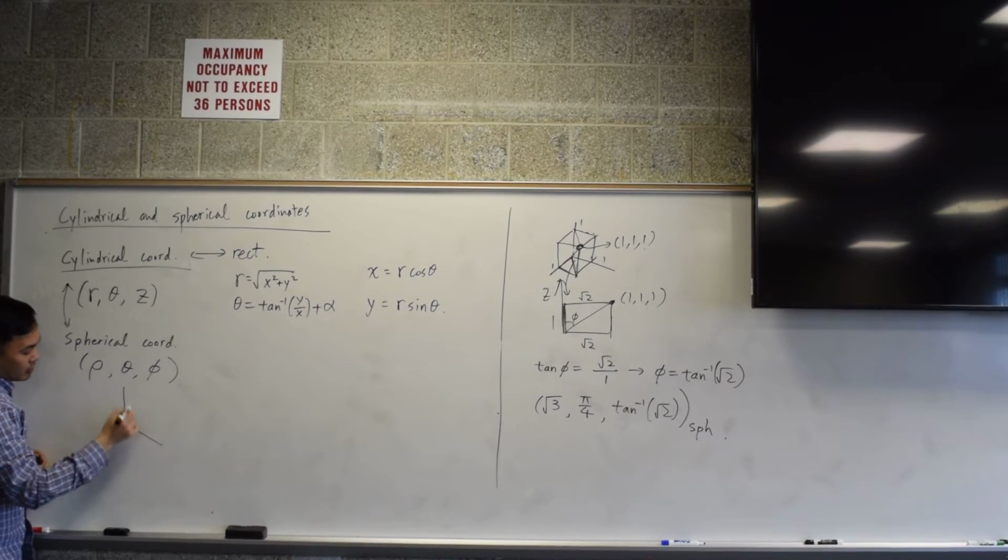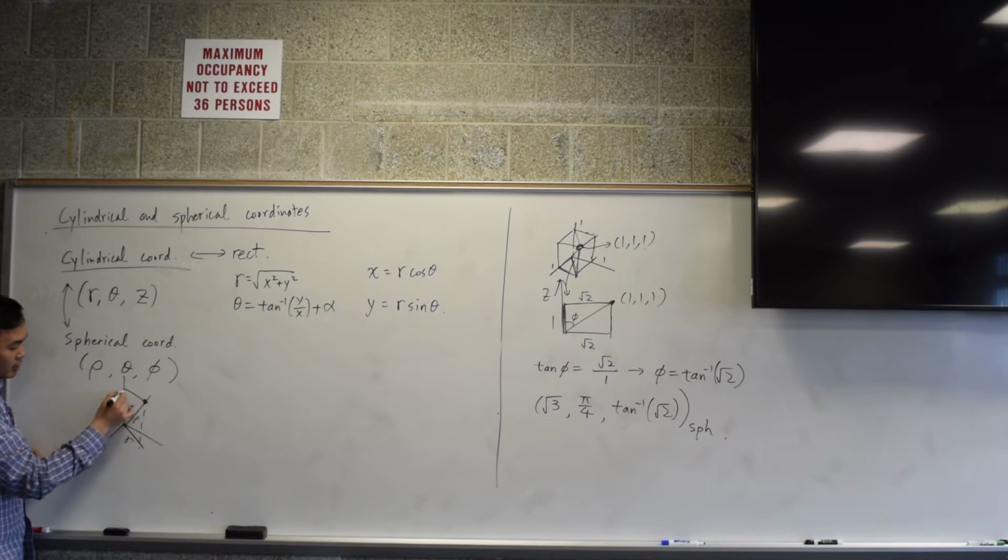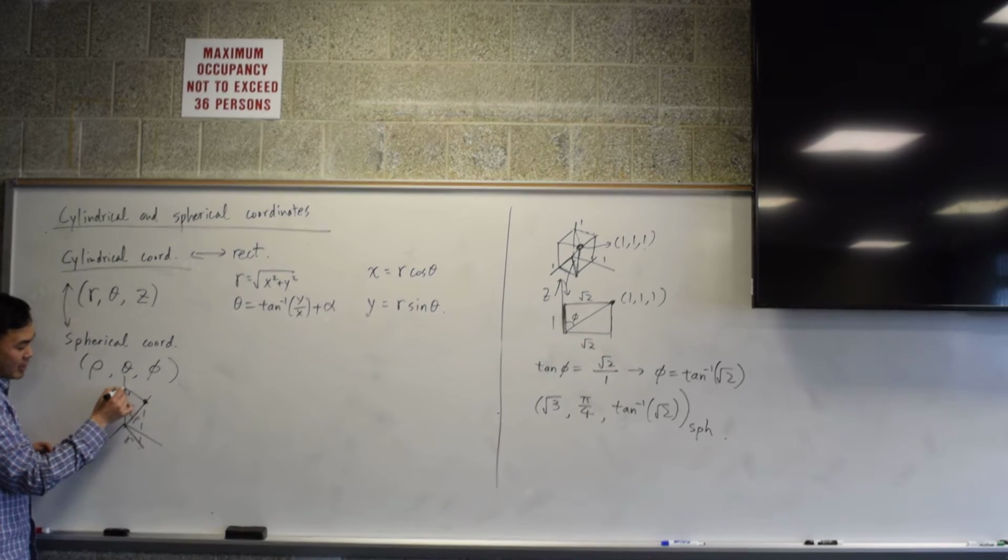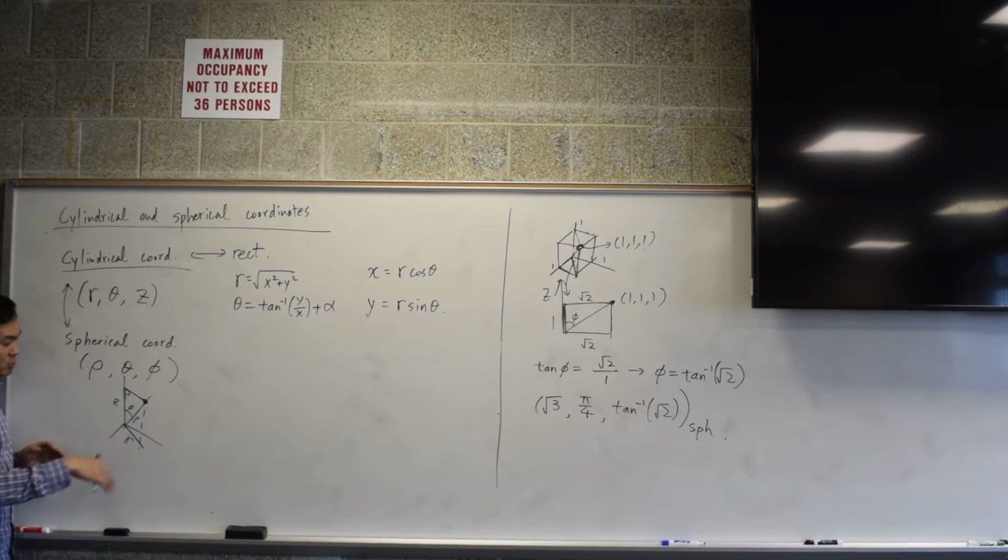See, if you have this point, so if you have a point, this angle is phi, and this distance here is r, this distance is rho, and this height, if you project it to the z-axis, this is z, right? And then, this is really 90 degrees. It's a three-dimensional picture.